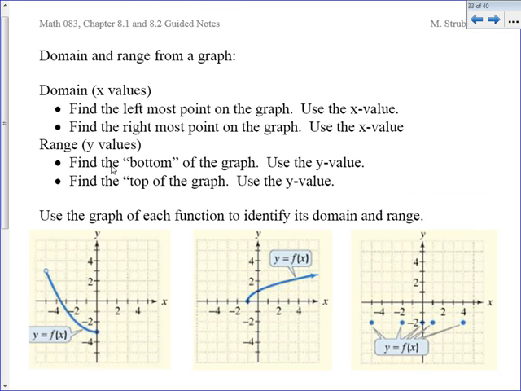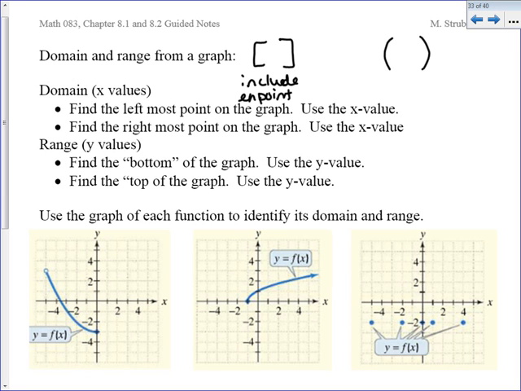When we're looking at domain and range of a graph, we have square brackets and we have parentheses. And it's all in whether you include the point you're starting with or ending with or not. If you use the square brackets, you include the endpoint.